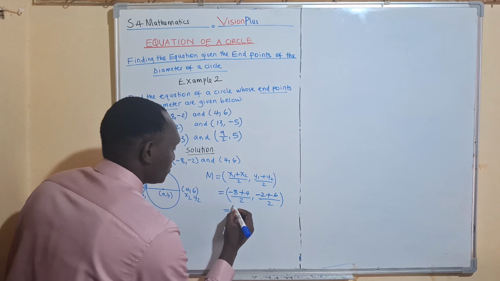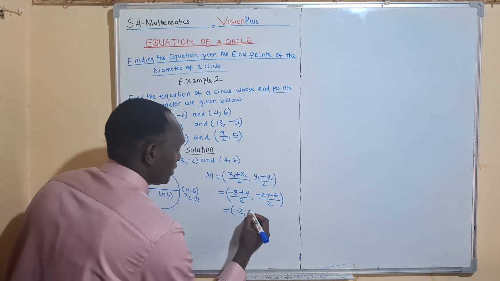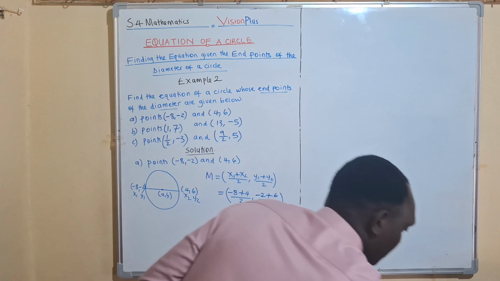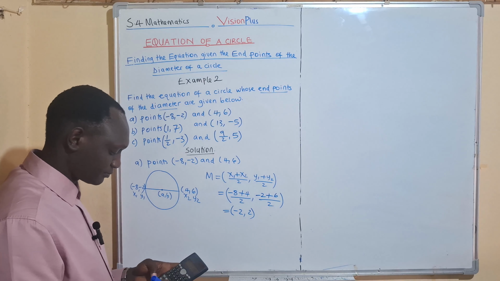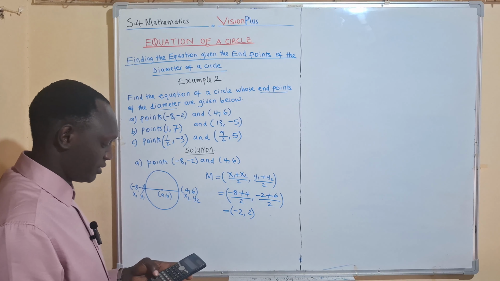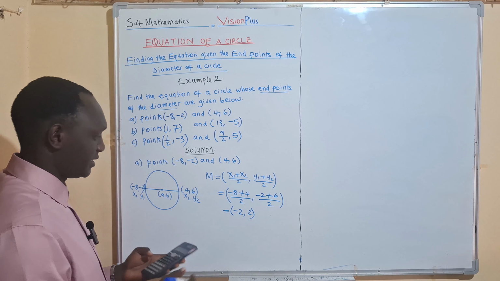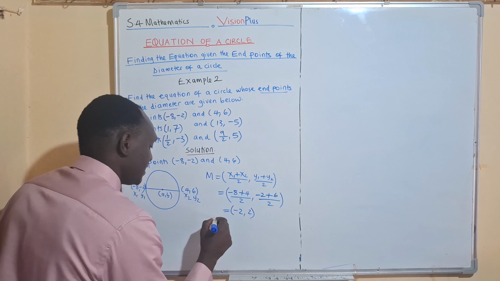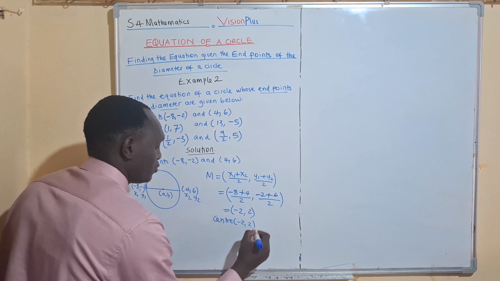I'm getting -2 in this case, and I'm getting 2 in the second case. Use the calculator to guide you. -8 plus 4 divided by 2 is -2. -2 plus 6 divided by 2 is 2. So this is the center. These are the coordinates of the center, -2 and 2.